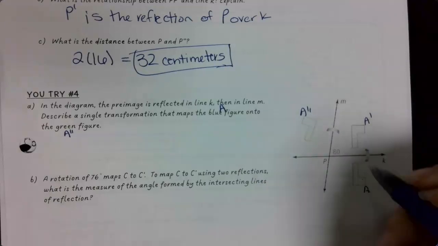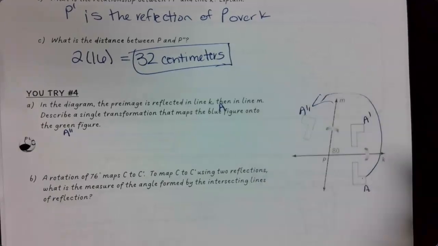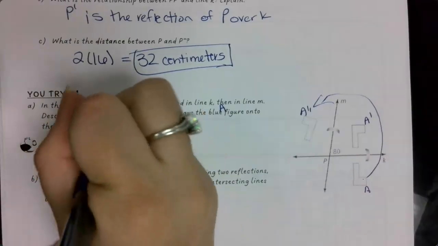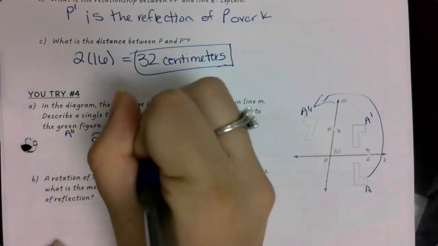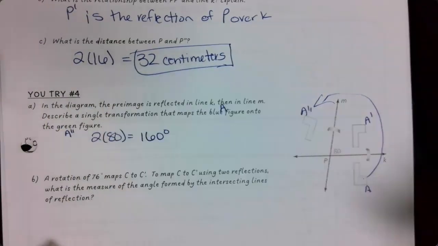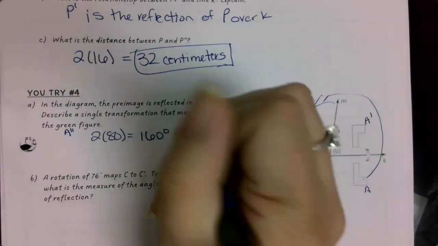So I'm starting at this one and I'm ending up over here. So what I do is I take 2 times that 80 degrees, which gives me 160, and then I went counterclockwise.